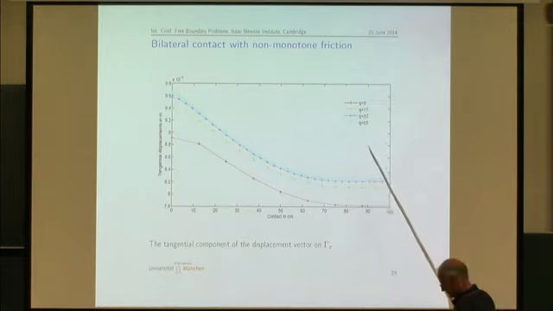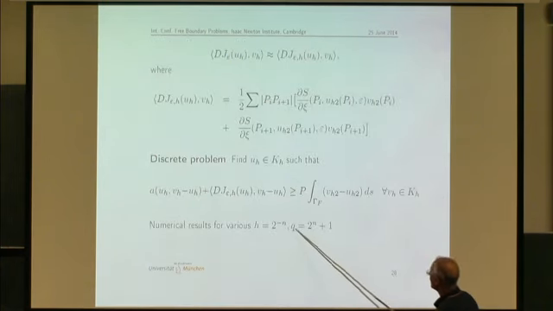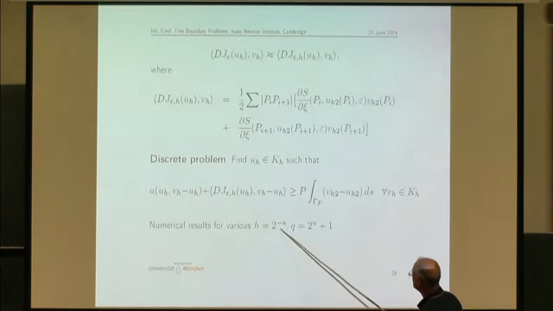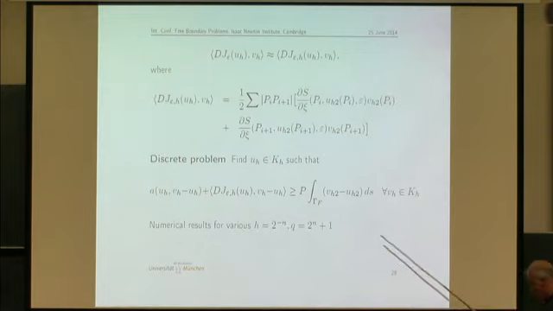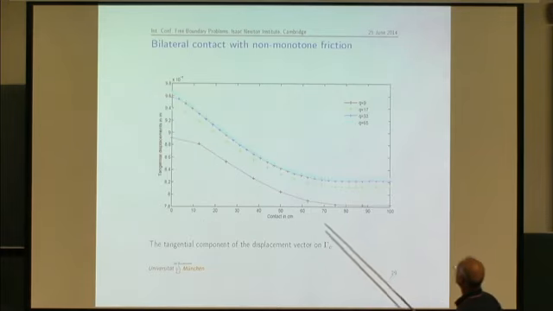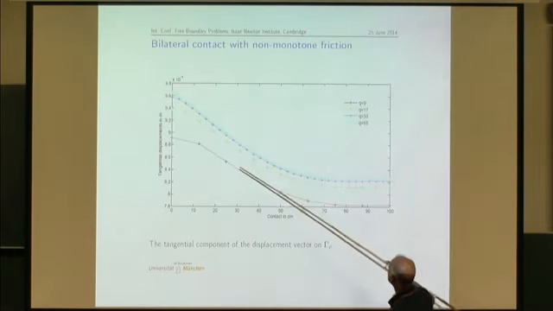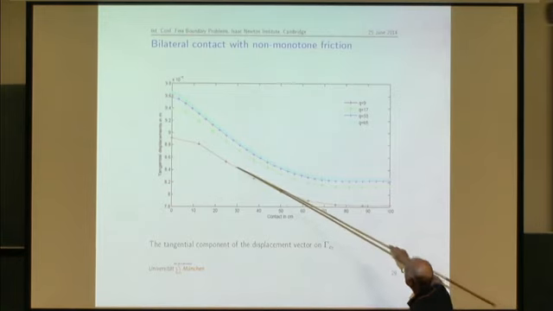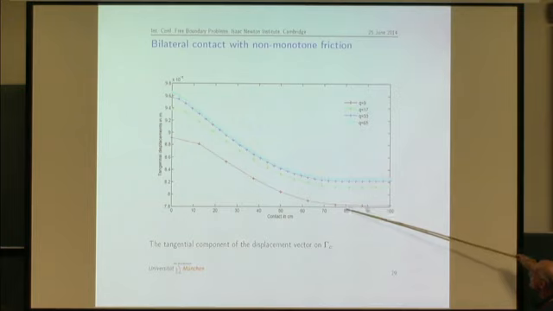They depend on the different h, 2 to the power of minus n, and so for the final results you start with a rather rough approximation.